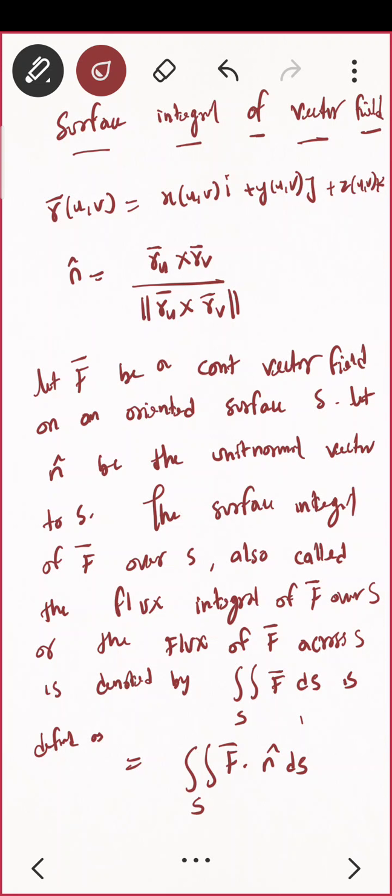So now let us define. Let F cap be a continuous vector field on an oriented surface S, and let n cap be the unit normal vector to S. Okay, that much is fine. So the surface integral of F cap over S, that is also called the flux integral of F cap over S, or the flux of F cap across S, is denoted by double integral over S of F cap dS, and it is defined as double integral over S of F cap dot n cap dS.